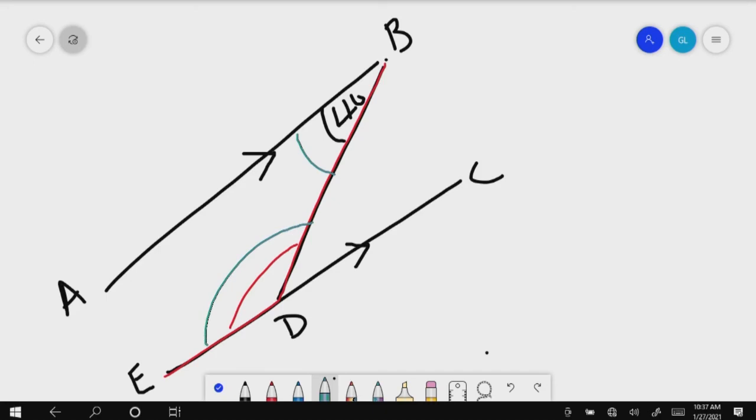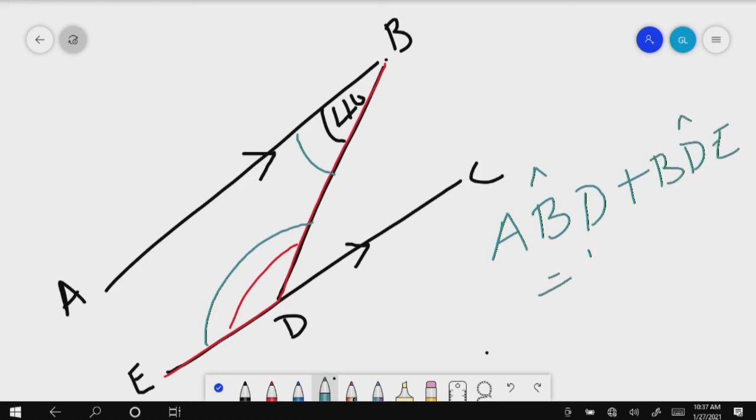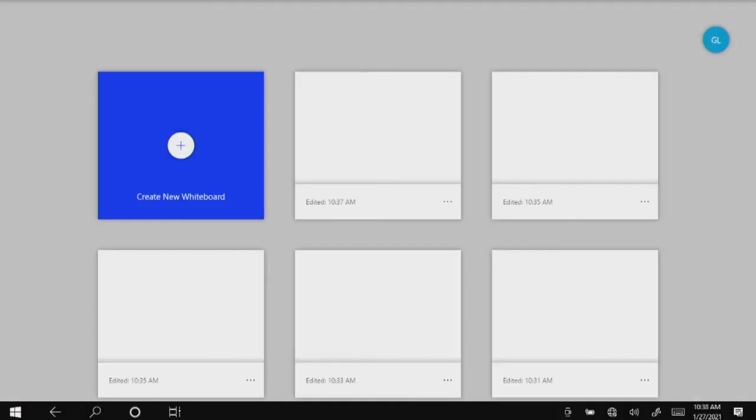And co-interior angles, when we sum them, that is when we sum ABD and BDE, it's equal to 180 degrees. So if we know one of them, can we find the remaining angle?